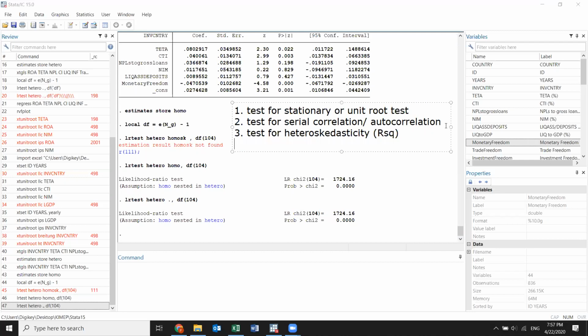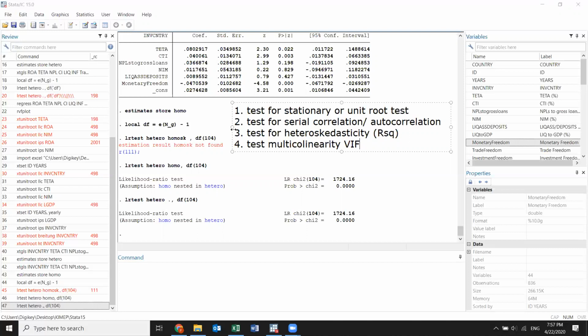And the last test is the test for multicollinearity. We're using the VIF model here, variance inflation factor, that tests the correlation between independent variables. The last one you already know.